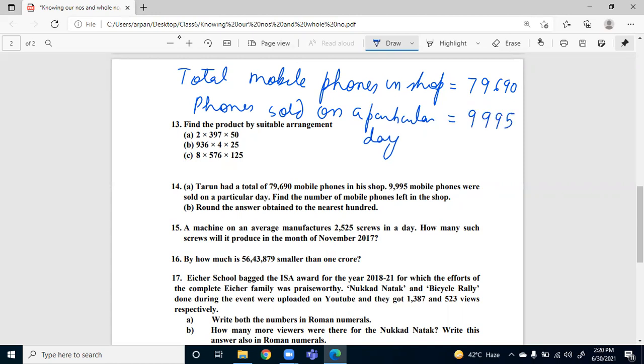Then we will minus 79690 minus 9995 and ma'am the answer will come 69695.